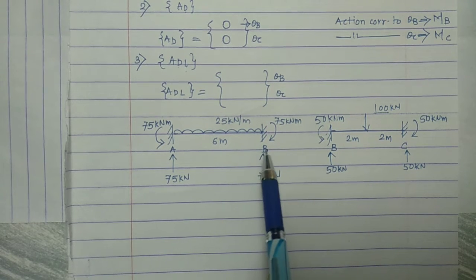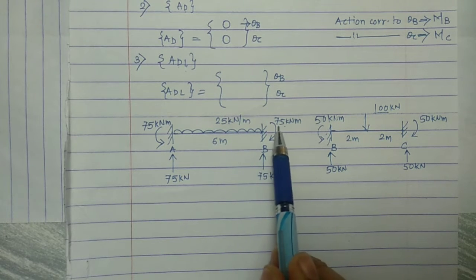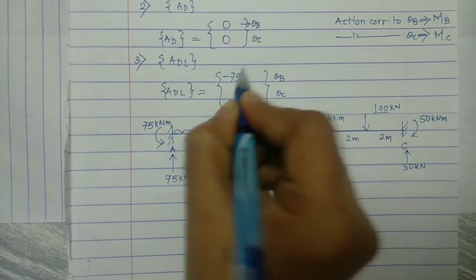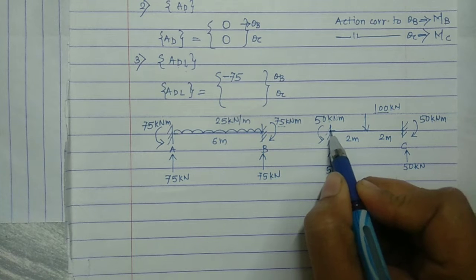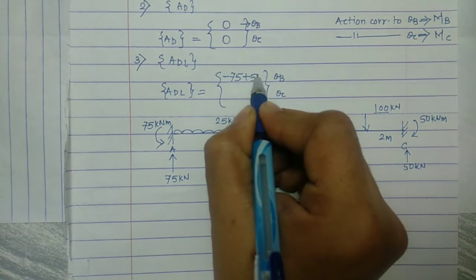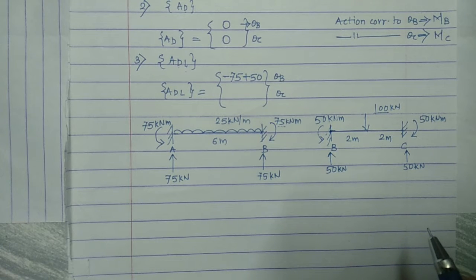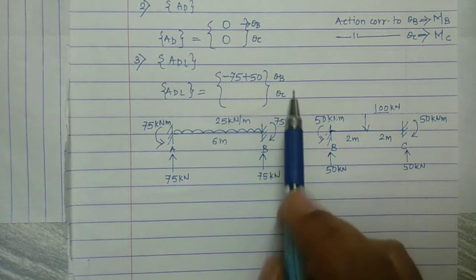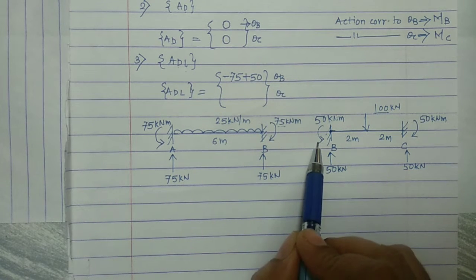See, in the restraint structure, the moment at point B is this minus 75. And also at point B for the second member, plus 50. So that is the element. These two are the actions corresponding to theta B in the restraint structure.